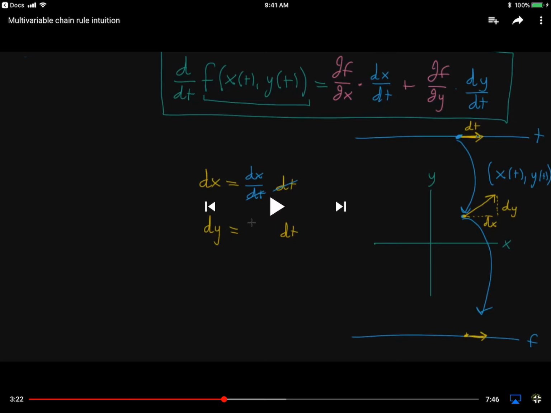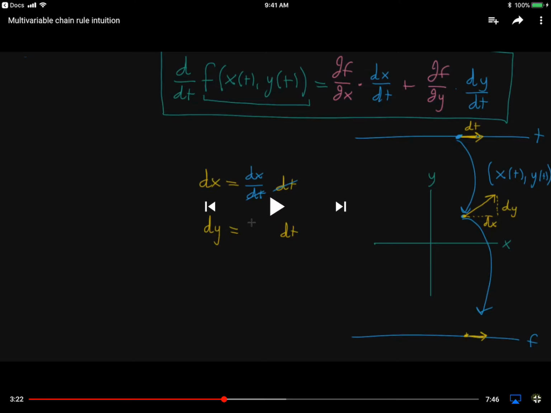That corresponds to slight differences along the x-axis and the y-axis, right? And overall, this change will cause in total this amount of change in our final function f, and that is due to both the changes along the x direction and the y direction.